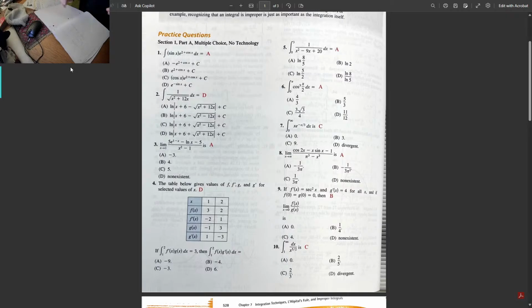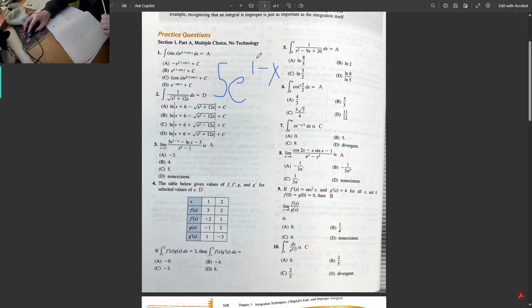Anyways, so we need to derive this equation. We need to derive the top and the bottom separately. So the derivative of 1 minus x is negative 1. So 5e to the power of 1 minus x, the derivative of that, can I draw over here? I cannot. 5e to the power of 1 minus x.